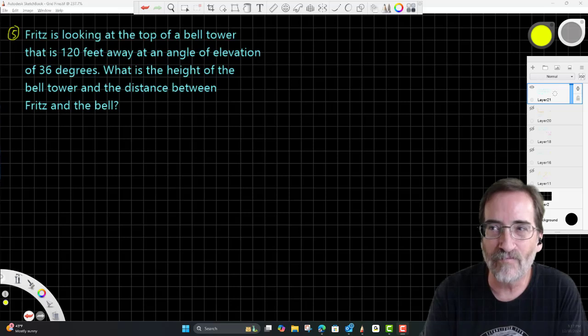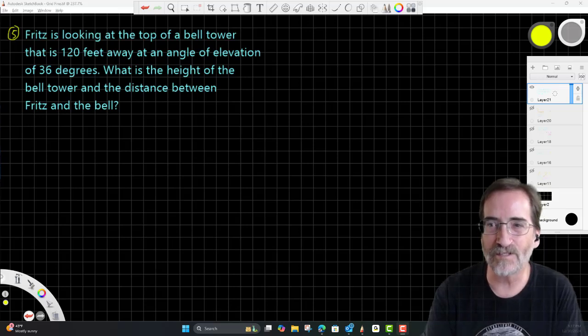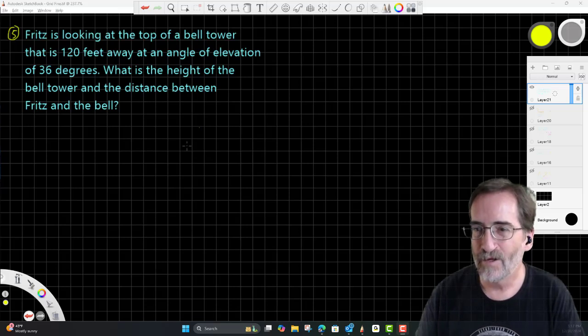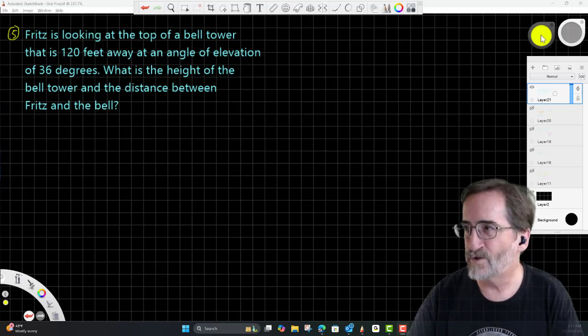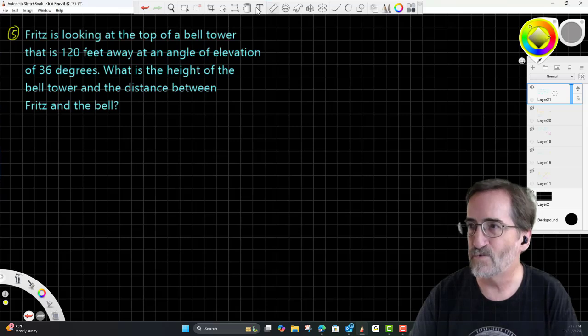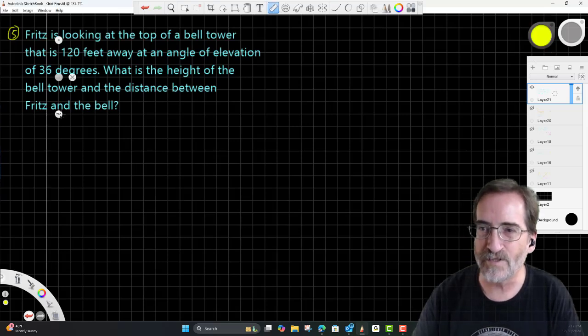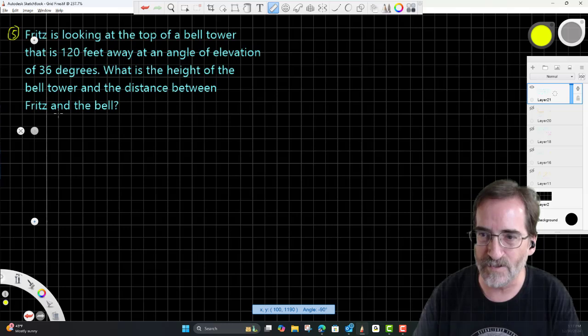So Fritz is looking at the top of the bell tower, and the base of the tower is 120 feet away at an angle of elevation of 36 degrees. What is the height of the bell tower and the distance between Fritz and the bell? So here we go. Let's draw a triangle that represents this situation. Fritz is looking up at an angle of 36 degrees.